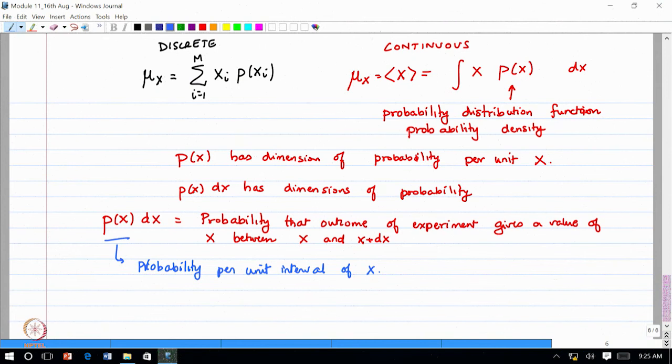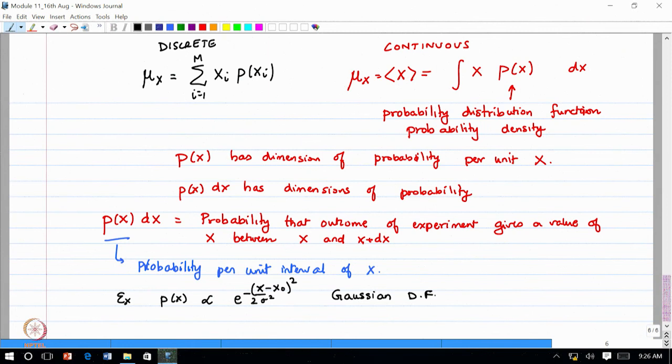Now if you have a continuous variable, this is usually a function of x. For example, p of x proportional to e to the minus x square divided by 2 sigma square. This is a Gaussian distribution function, sigma is some constant. Let me make it x minus x0 whole square divided by 2 sigma square.